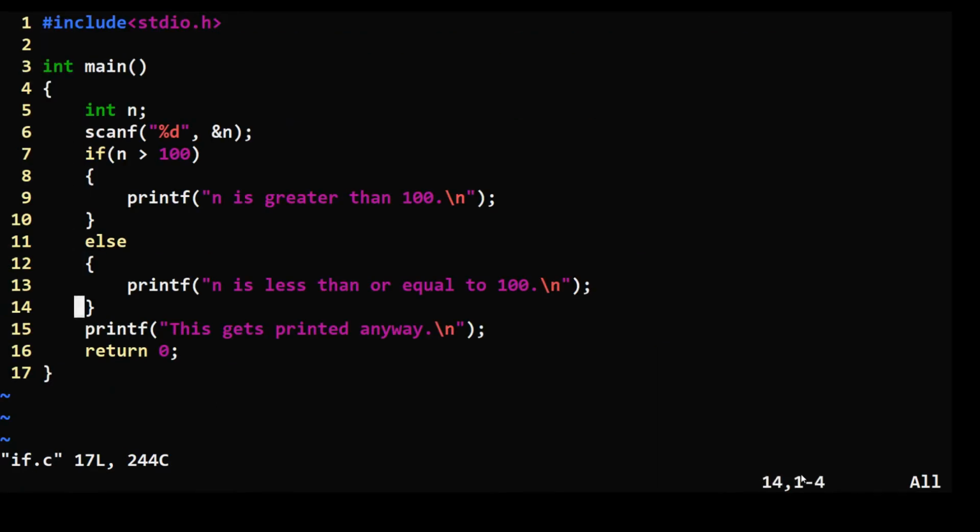So now, right now we are able to choose between two options. If we wish to choose between more than two options, we do have something which can help us.